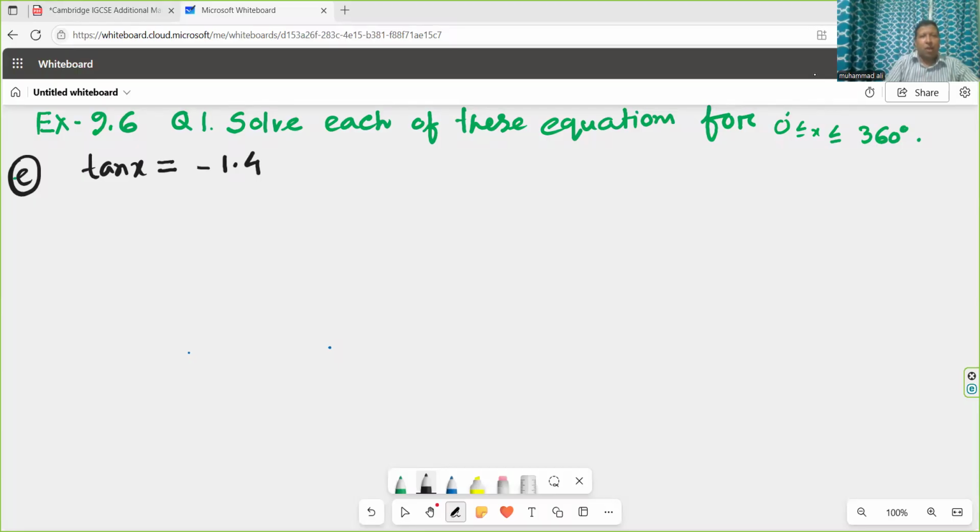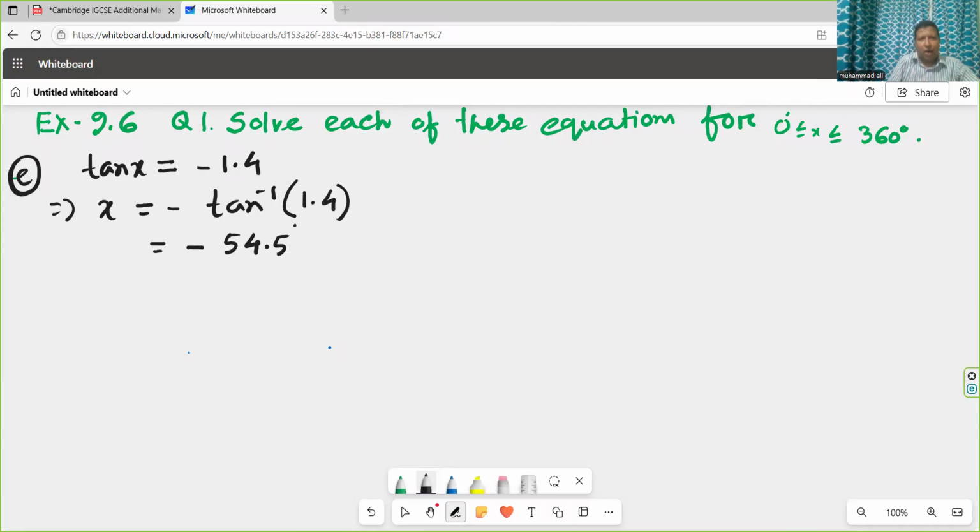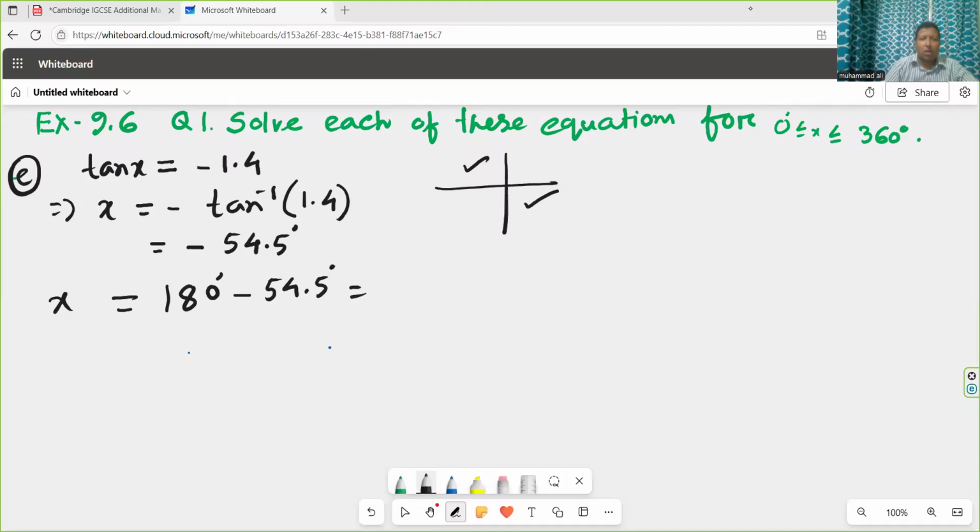Next, tan x equals minus 1.4. So x equals minus tan inverse 1.4. So we'll get here minus 54.5 degrees. Tan is negative in the second quadrant and fourth quadrant. So x equals 180 degrees minus 54.5 degrees, we will get 125.5 degrees.